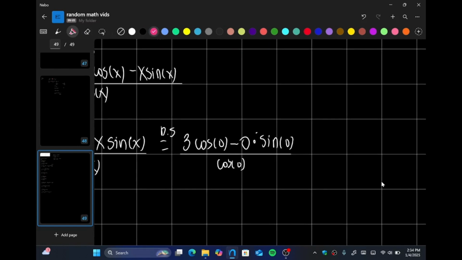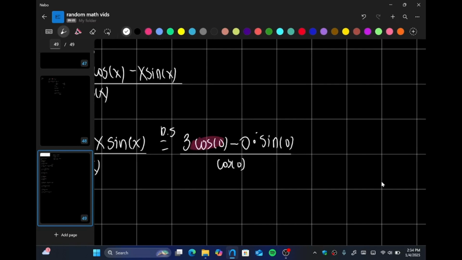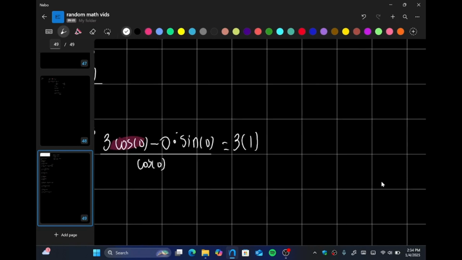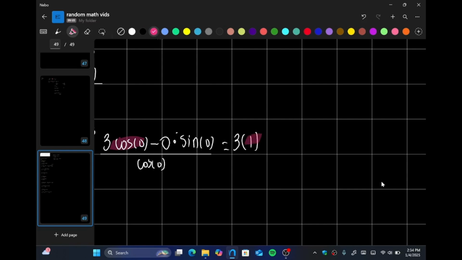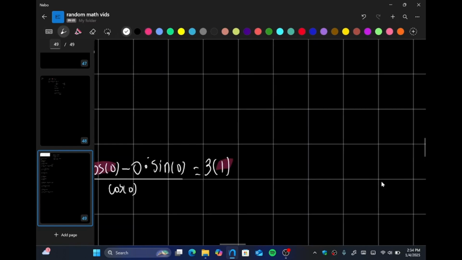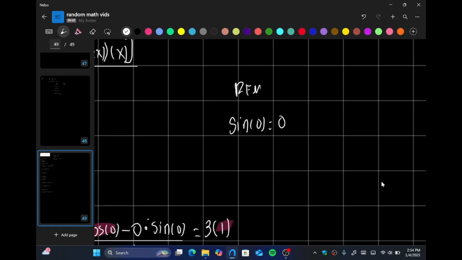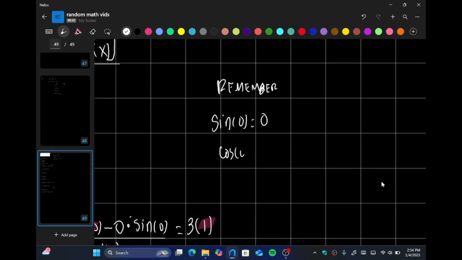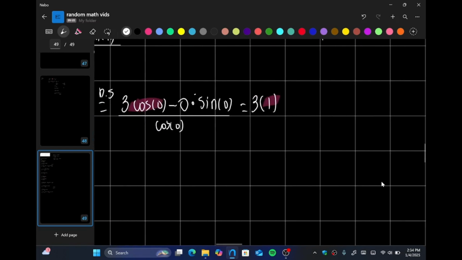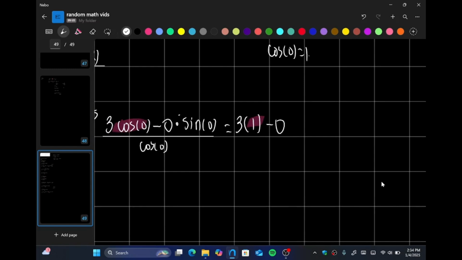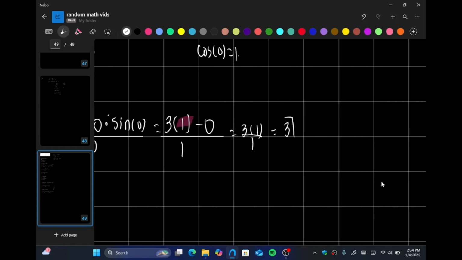One thing I want y'all to remember is that sine of 0 is 0, and cosine of 0 is 1, okay? So 3 times 1 minus 0 over 1. So this is 3 times 1 over 1, which is 3.